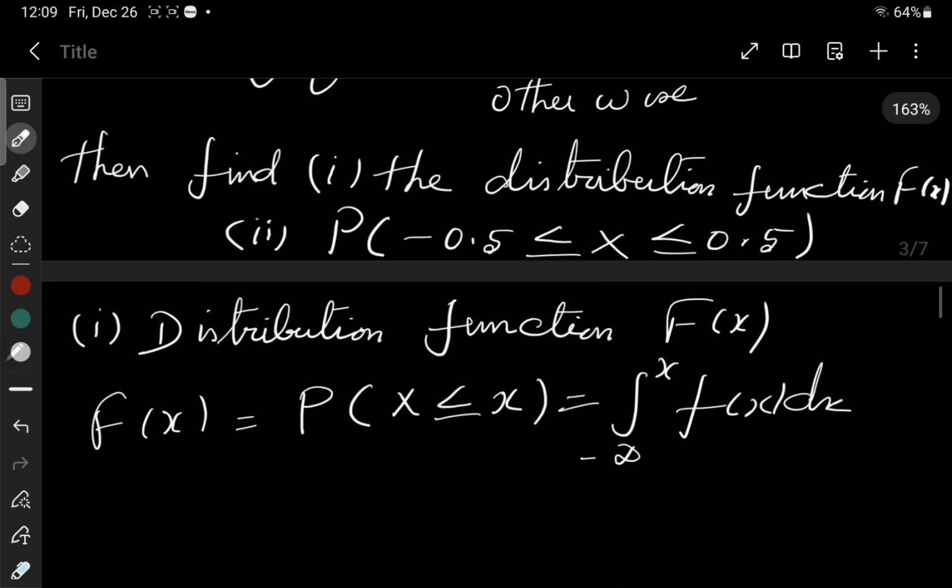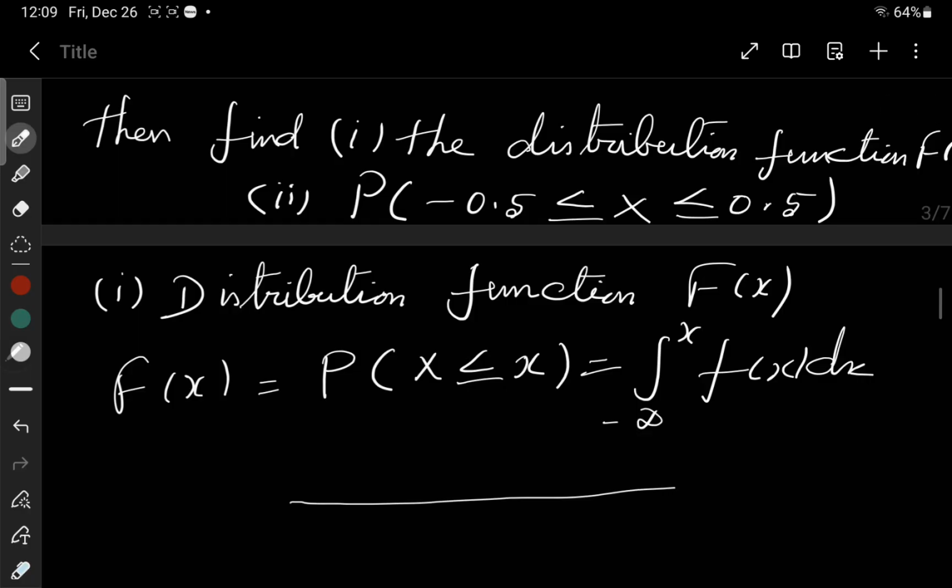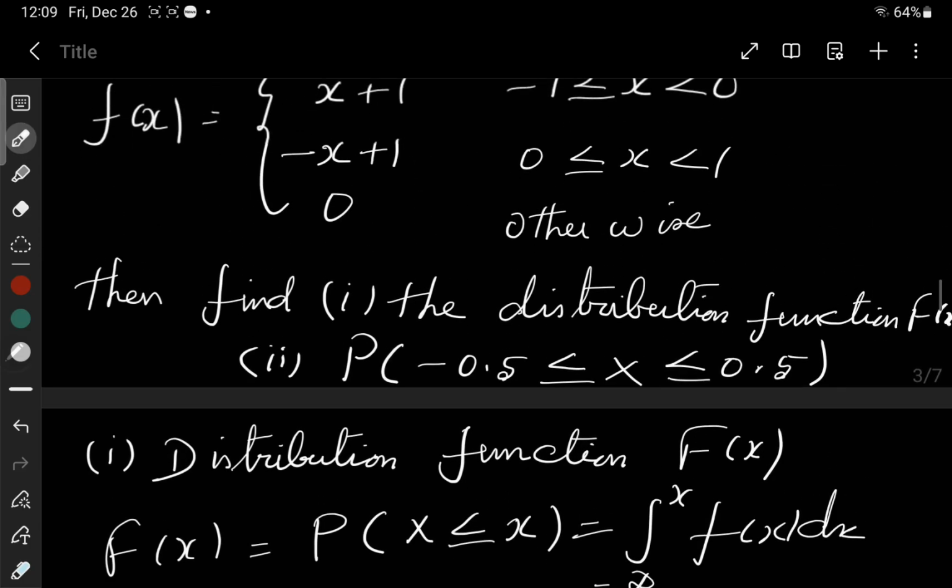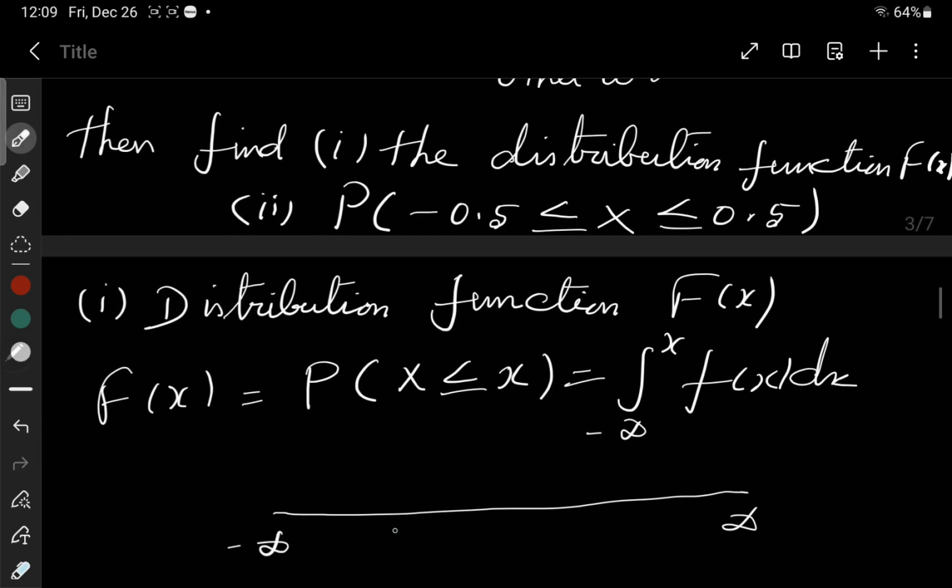See, in the density function we actually have the limit minus infinity to infinity, but the function starts from here, minus 1. Let me take minus 1 here, after this 0 and then 1.